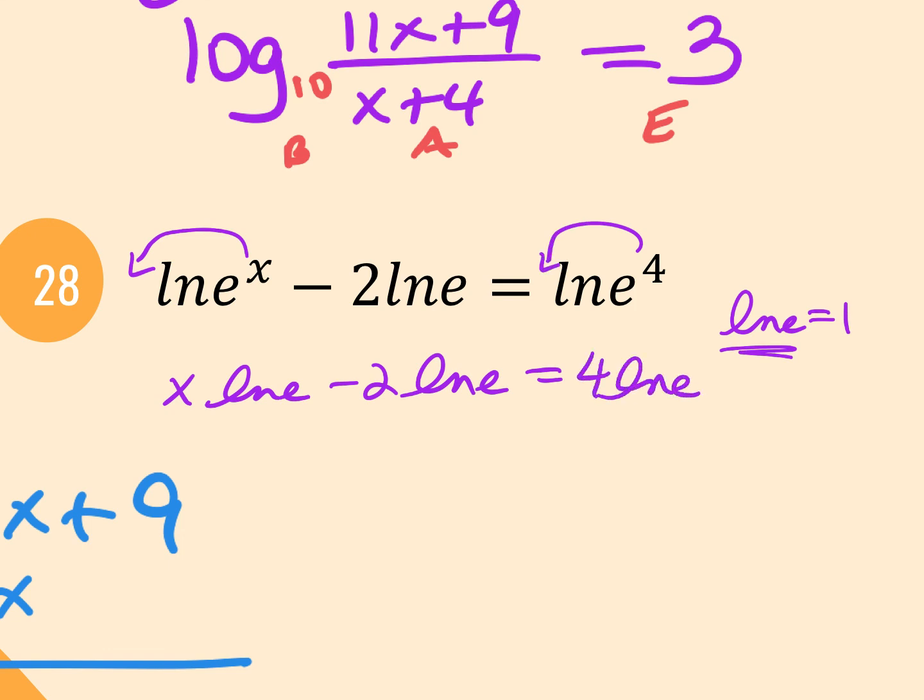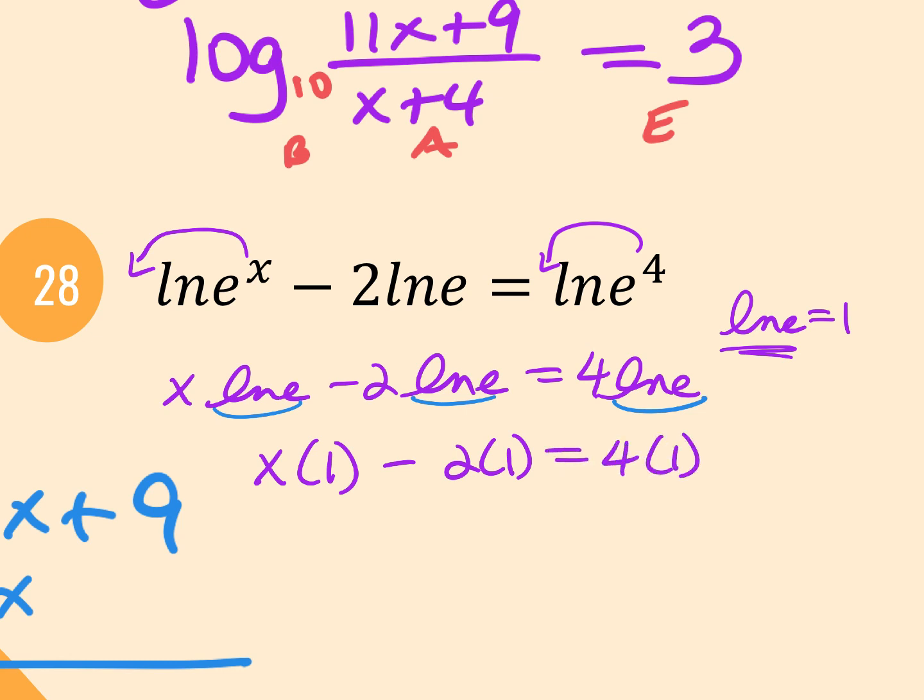And now what I can do is change all of these ln e's to 1s. So then now I'm left with x times 1 minus 2 times 1 equals 4 times 1. So now I get x minus 2 equals 4, add the 2, and x equals 6. Everybody good there?